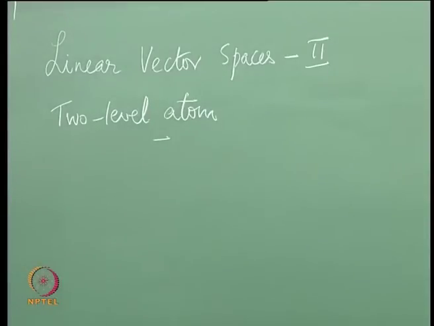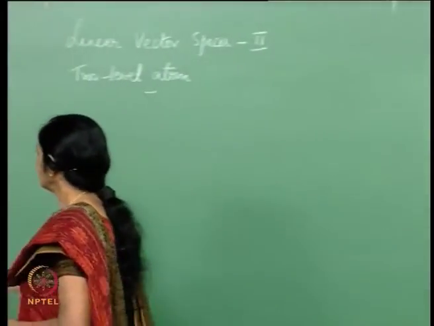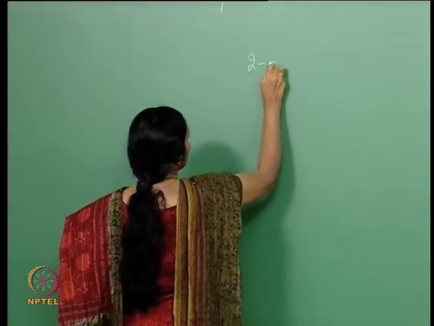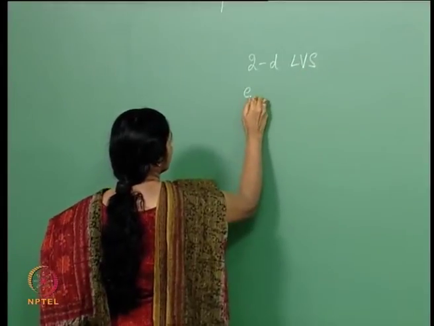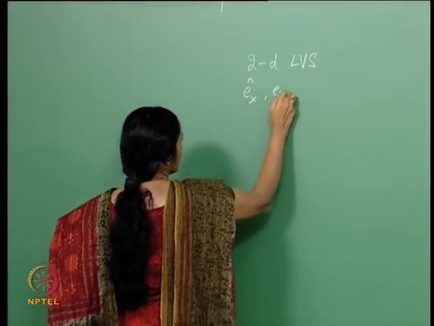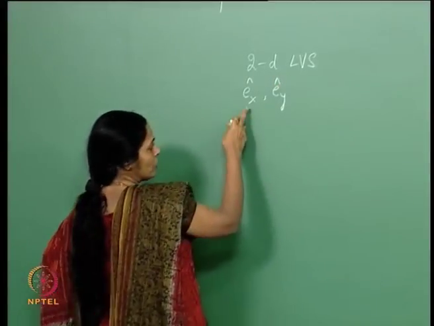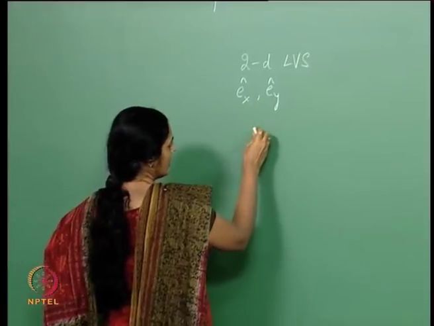Let me quickly recapitulate some of the salient features of what I said last time. We had a two-dimensional linear vector space. The basis vectors were chosen to be orthonormal. Each of them was normalized to unity and they were orthogonal to each other.